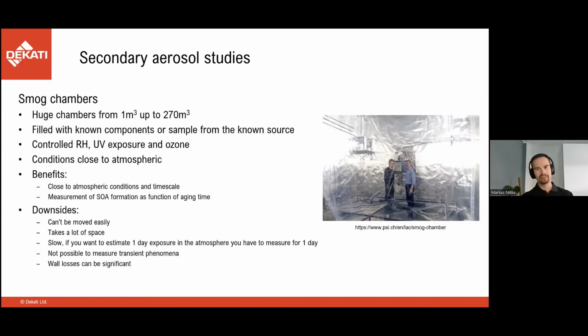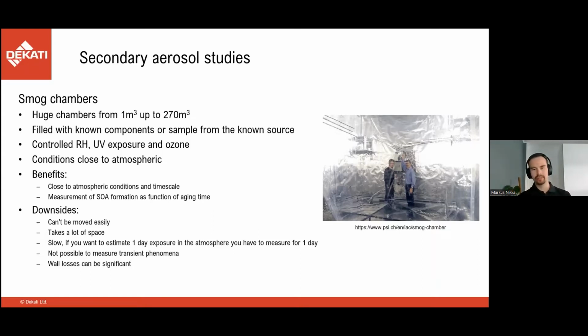So the benefits of this type of reactor are that the conditions and timescales are the same as in the atmosphere, so we can say that the chemistry should be quite similar to the atmosphere. And when you do this kind of measurement, you can measure the secondary organic or secondary aerosol formation as a function of aging time as the process slowly goes forward.